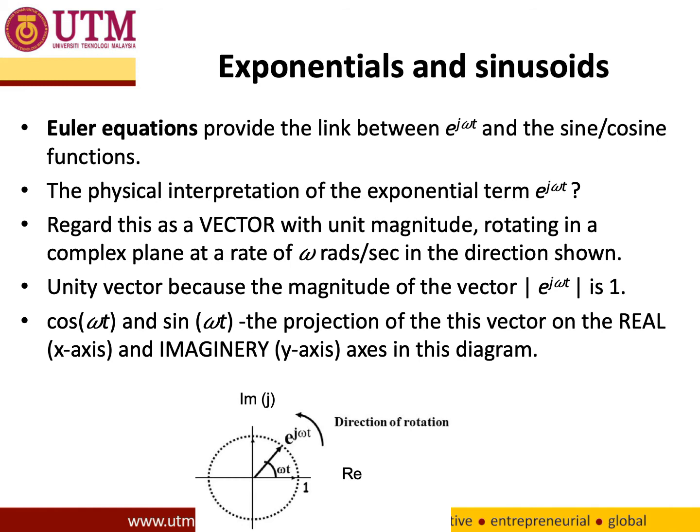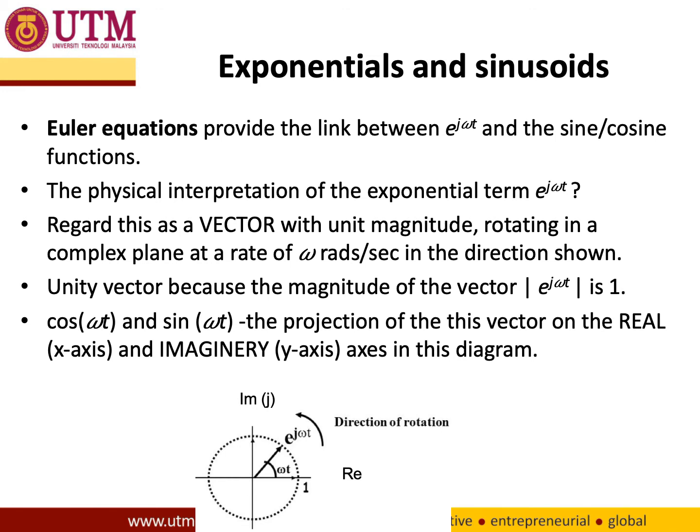functions. What is the physical interpretation of the exponential term e^(j omega t)? If you look at the diagram below, regard this as a vector with unit magnitude rotating in a complex plane at a rate of omega radians per second in the direction shown in the figure. It is a unity vector because the magnitude of e^(j omega t) is 1.